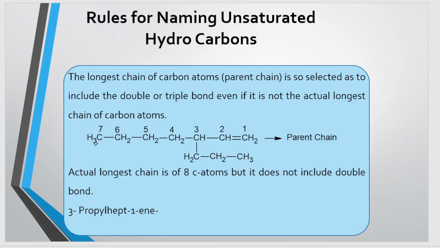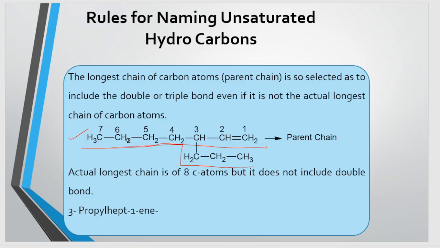But in fact, if we consider this particular Z shape parent chain, it contains 8 carbon atoms. But this is not the chosen chain, because we have to include the double bonded carbon atoms in the parent chain, and hence from 1 to 7 is the correct parent chain of this particular compound, though the longest chain rule is violated, because the preference is for the double bond.